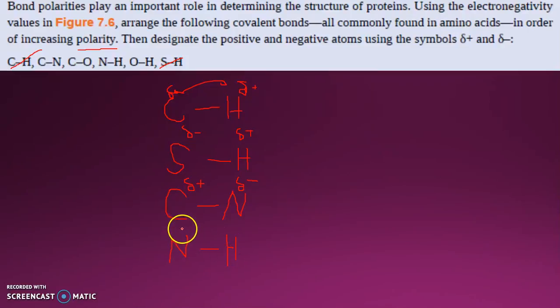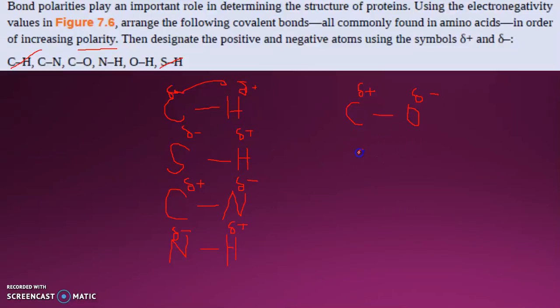And the nitrogen has the higher electronegativity, so it's partial negative, and the hydrogen is partial positive. Then we have carbon with oxygen, which has an electronegativity difference of 1, and the carbon is your partial positive, and the oxygen is the partial negative.